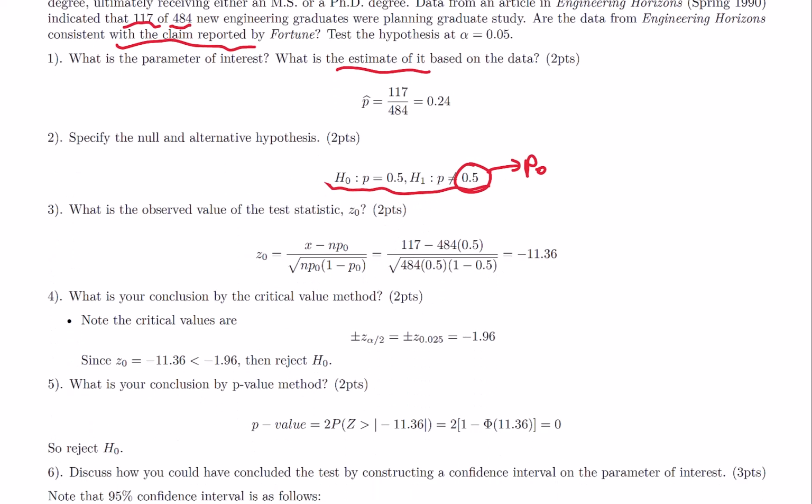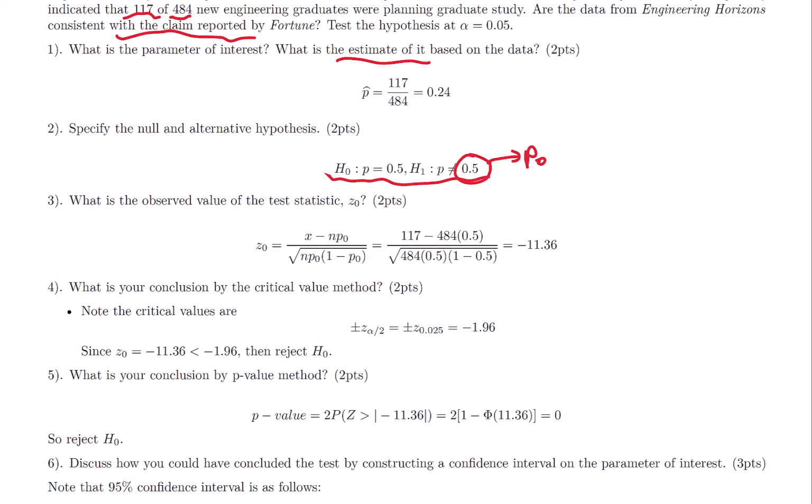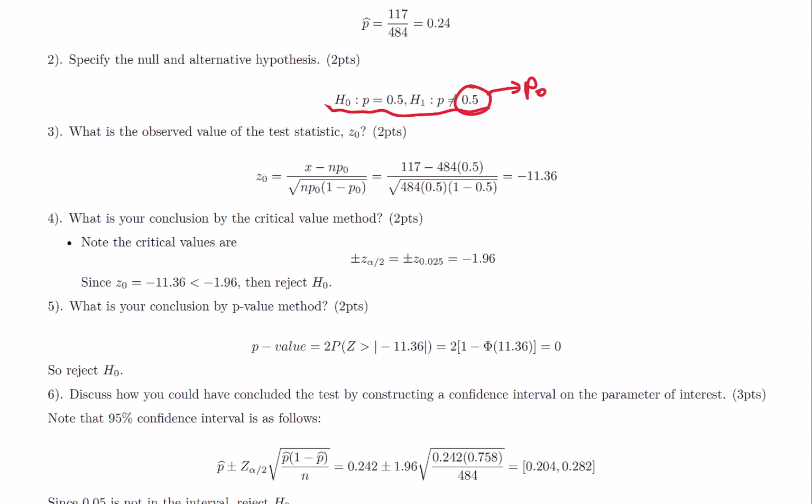All right. For part 4, what is your conclusion? Because we could have 2 ways here. First way is the so-called critical value method. For the two-sided alternative, we have 2 critical values, right? Positive and negative for the z-test right here. Oh, here should be positive, negative 1.96, okay?